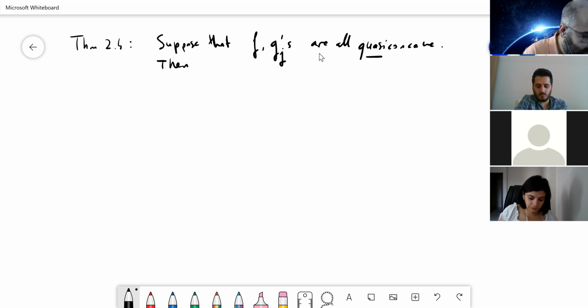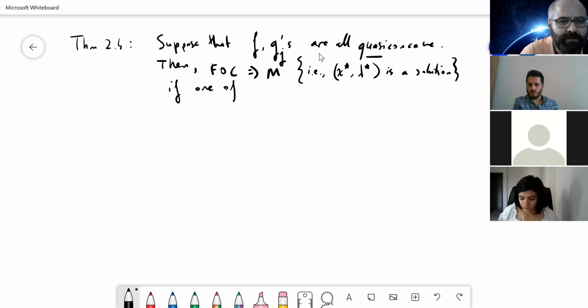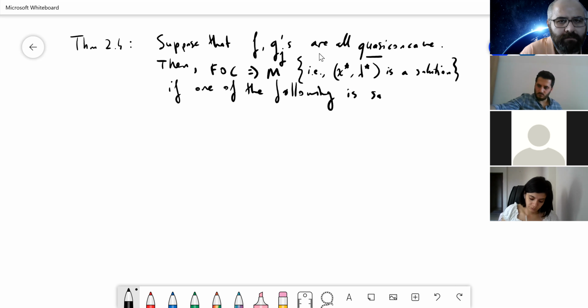Once again, FOC implies M, which means X star, lambda star is a solution if one of the following is satisfied.